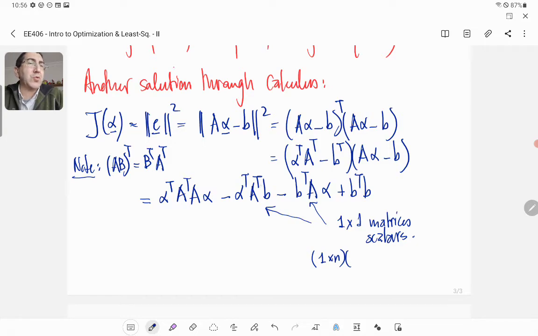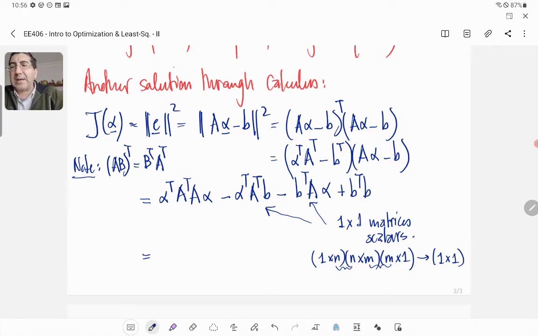A was m by n, so A transpose is n by m. And B is an m by 1 matrix. So this leads to a 1 by 1 multiplication. Remember, the multiplying dimensions should agree in order for the multiplication to be possible. And as a result, you have a 1 by 1 matrix in the end. So these two are scalar numbers.